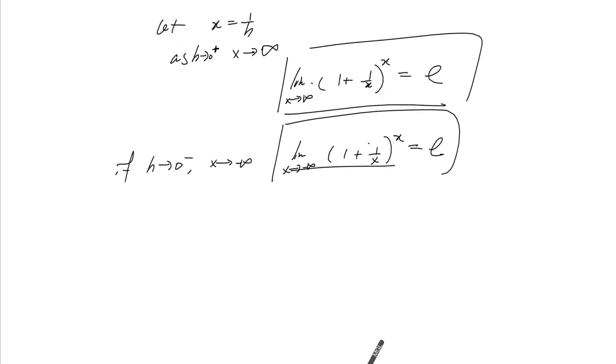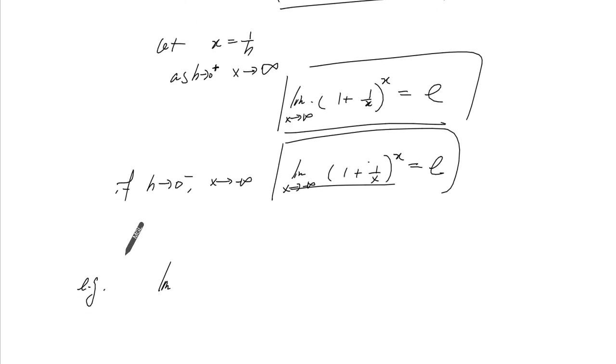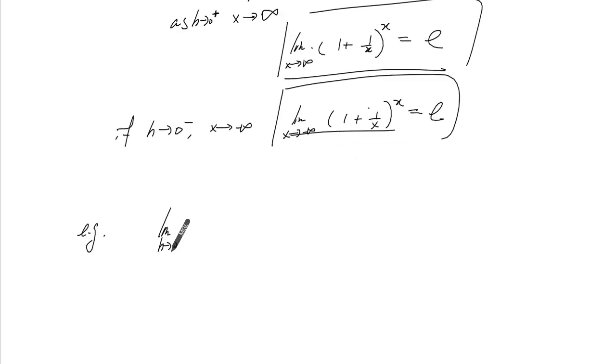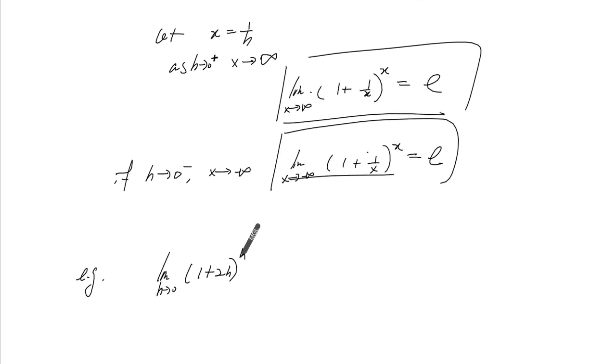Okay, so for example, limit as h approaches 0, let's say we have 1 plus 2h to the power of h. What is this limit? So we saw that if it was h and 1 over h, actually I meant 1 over h here.